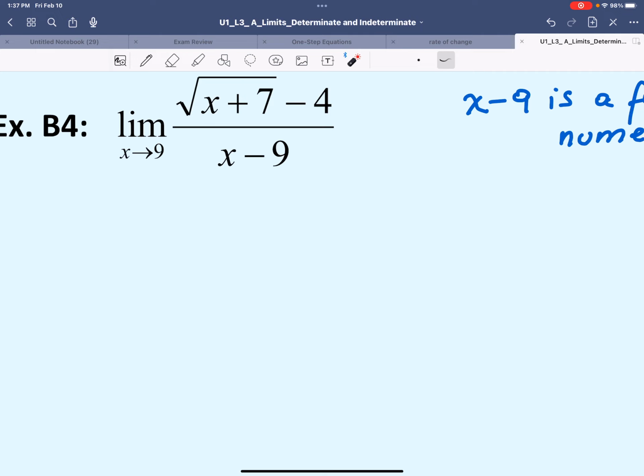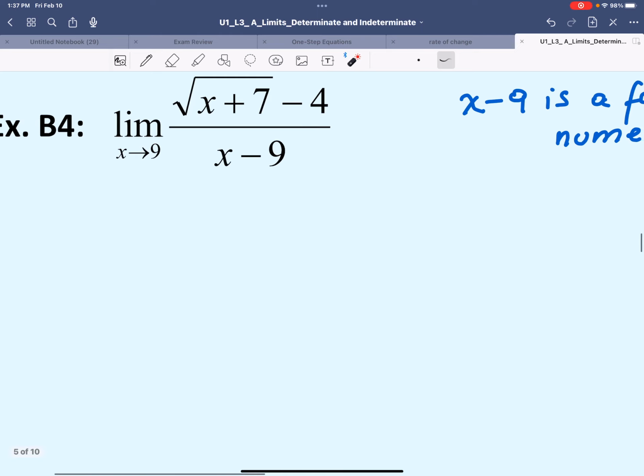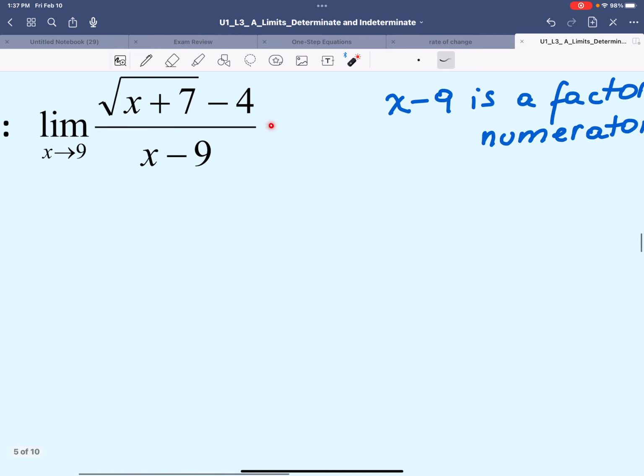What we do in this case is use the difference of squares formula, and we multiply the numerator and the denominator by the conjugate of the numerator. In other words, we rationalize the numerator.